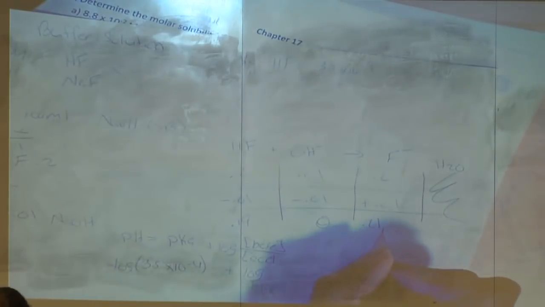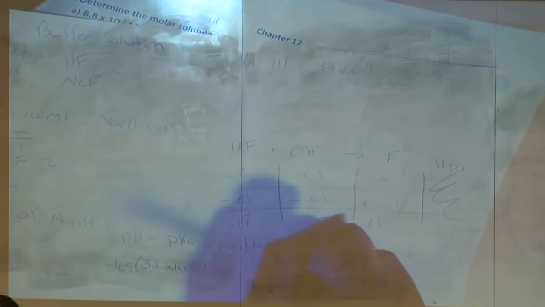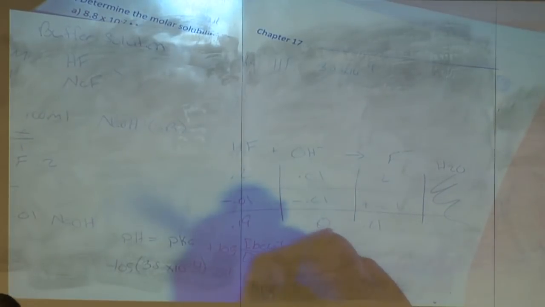The base is F, so we have 0.21 over the acid, which is 0.19.